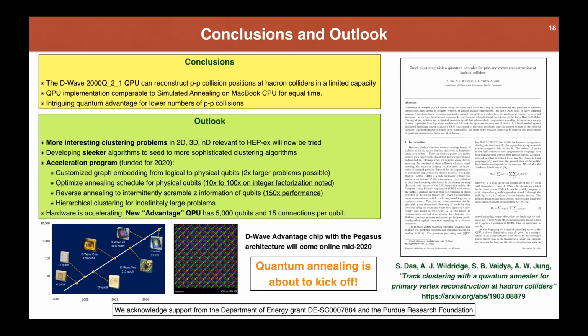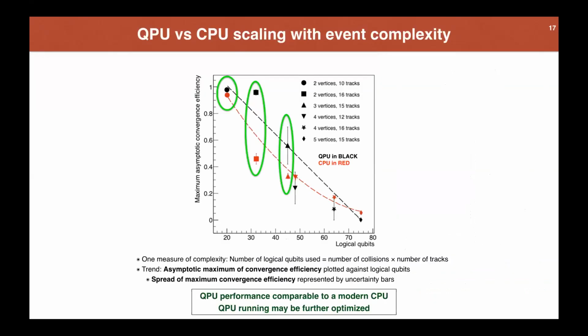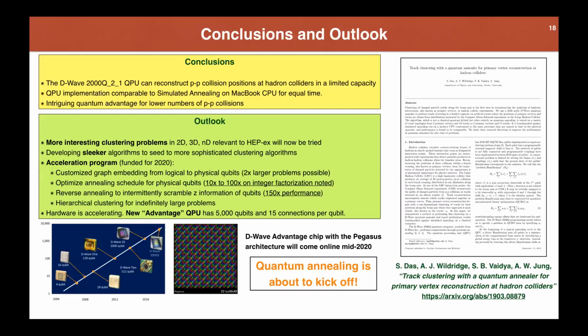We have a very short time for one or two questions. Hi, Souvik. This is Maurice Garcia Severes. There are other annealers, not just D-Wave, and not all of them quantum. Have you thought about running on other annealers?